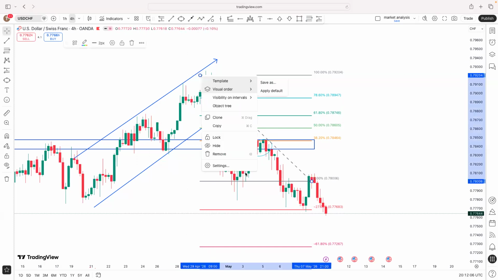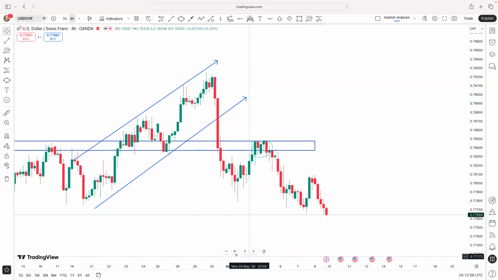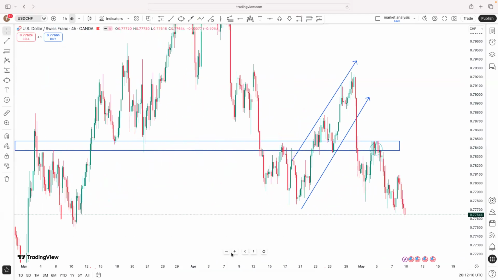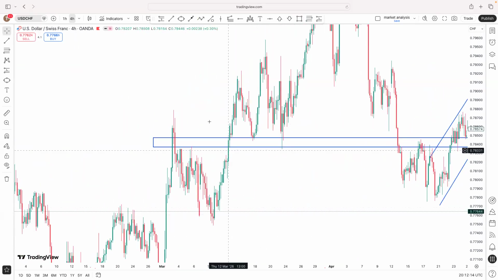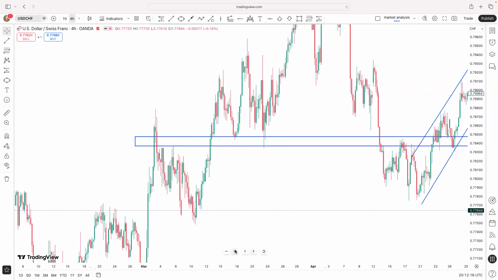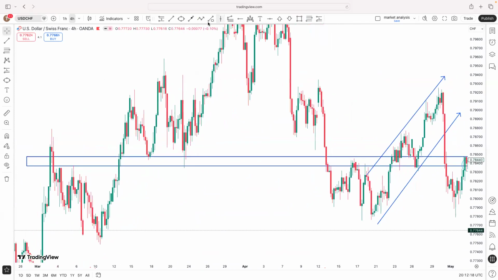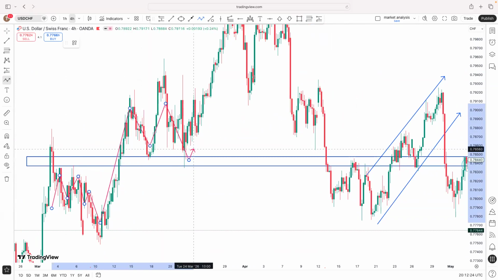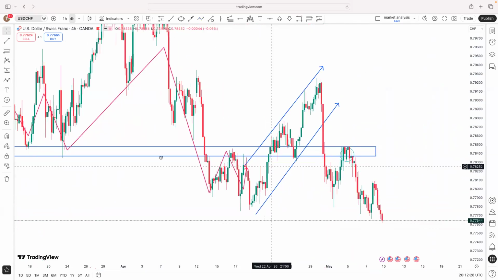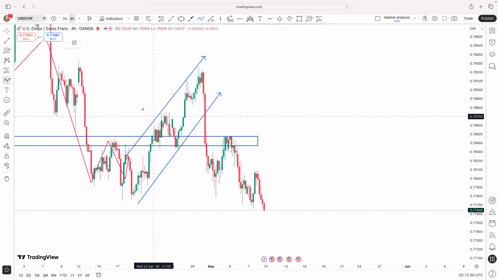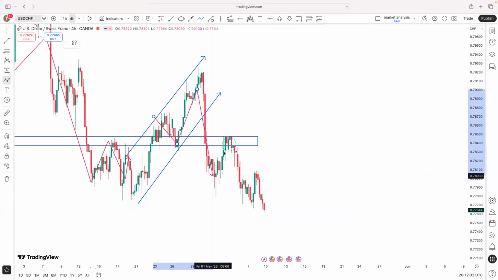Now, I said to you, this is an area of interest. If you look a little bit back, you're going to realize that we've had multiple touches from the very same zone. These are the first touches that they had, broke, and had the same touches from the same zone. Here comes again another touch from the very same zone.